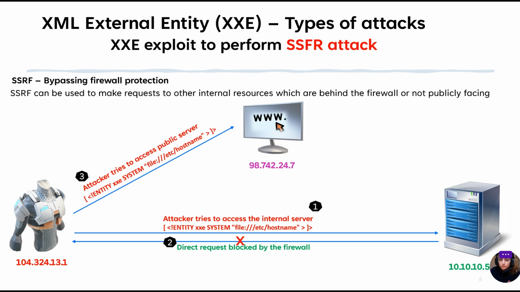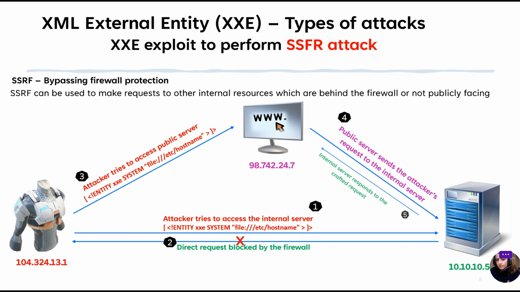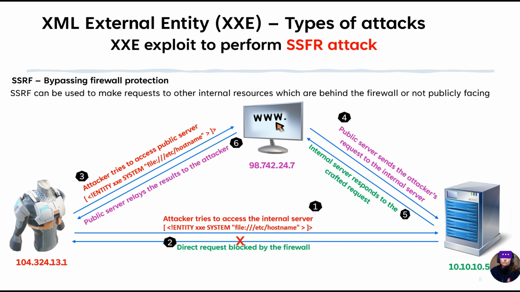So the sneaky attacker will try to access the public server, and if the public server, the web application, is vulnerable to XXE and parses the query, it sends it to the internal server. The internal server responds to the crafted request and sends it back to the web application, and the web application relays the results to the attacker.